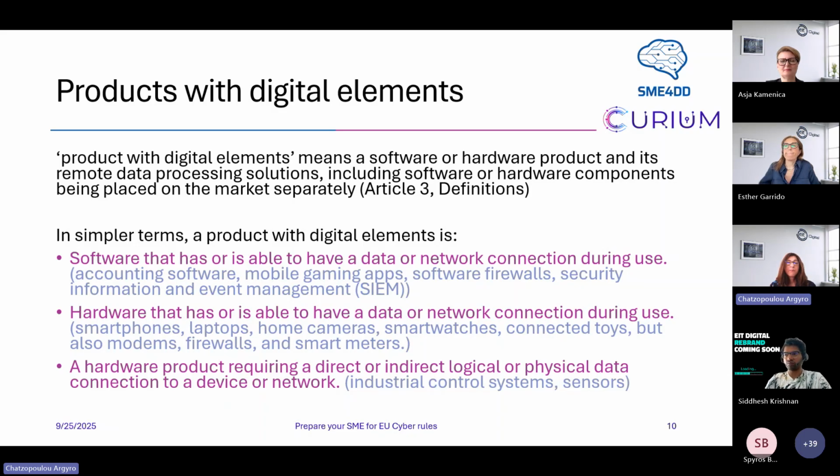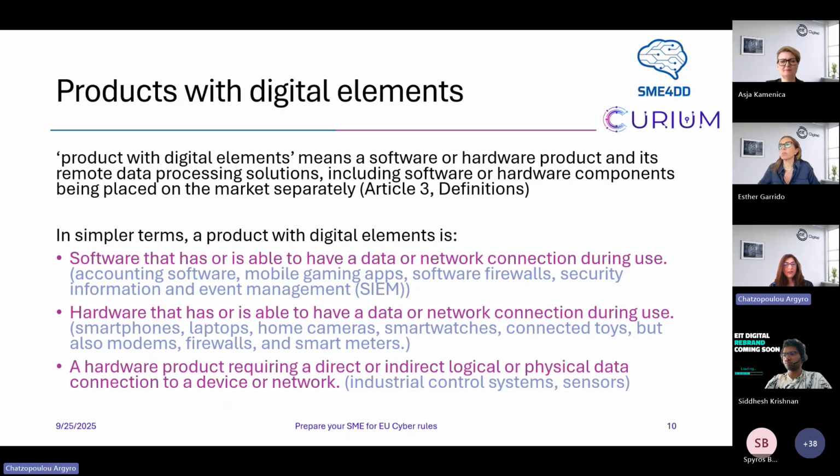So, a hardware product requiring a direct or indirect logical or physical data connection to a device or a network. And this comes to the example that you provided, that ICS, industrial control systems, could be identified as a product with digital elements. So, very well done.